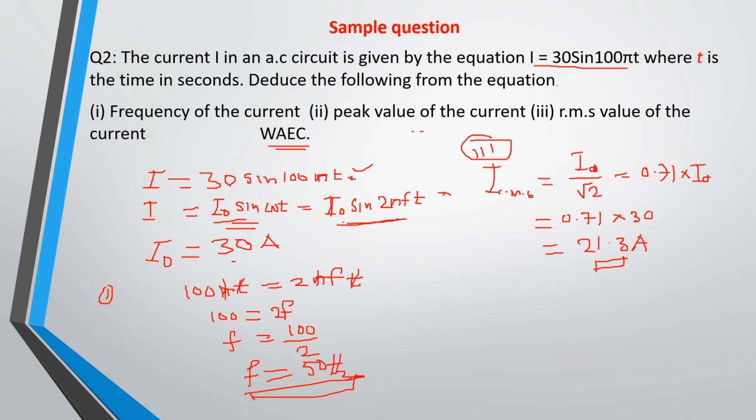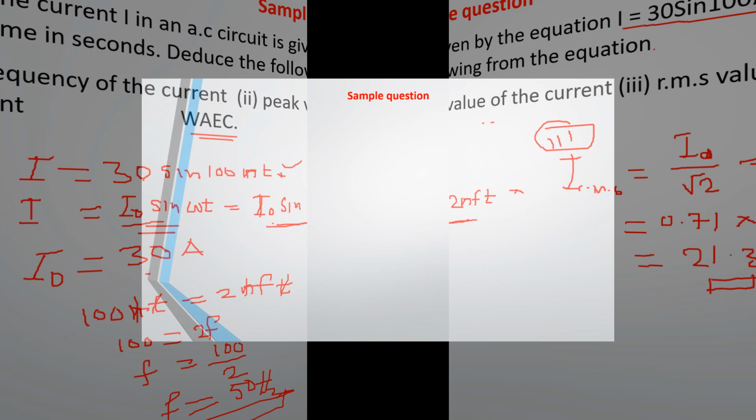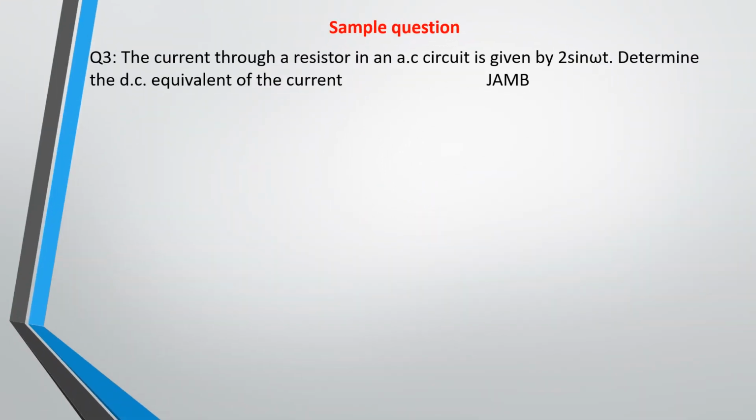Okay, so this is another question. I just decided to solve some more questions so that you can have a better understanding. This question says that the current through a resistor in an AC circuit is given by this equation.